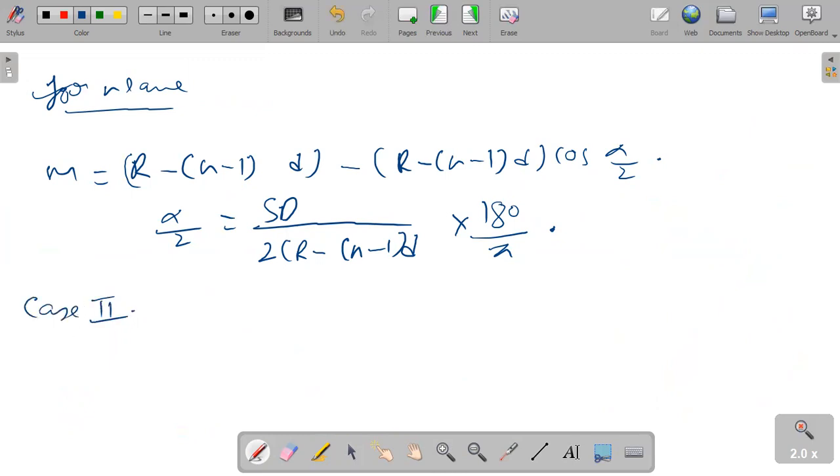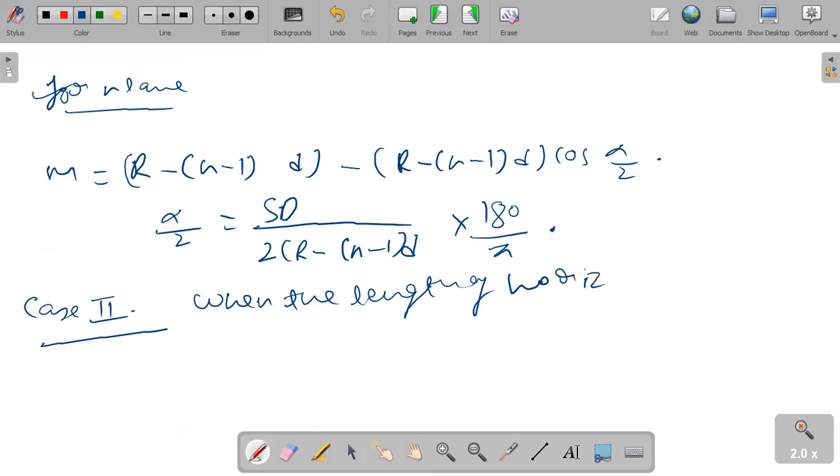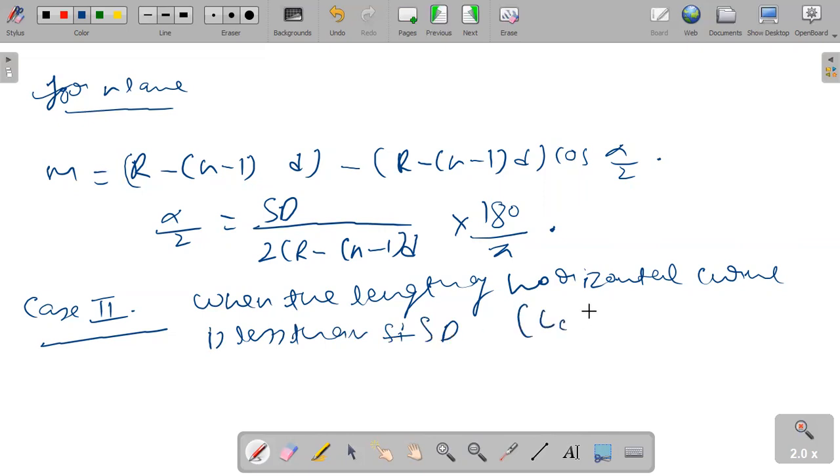Case second, when the length of horizontal curve is less than side distance, that is LC less than side distance.